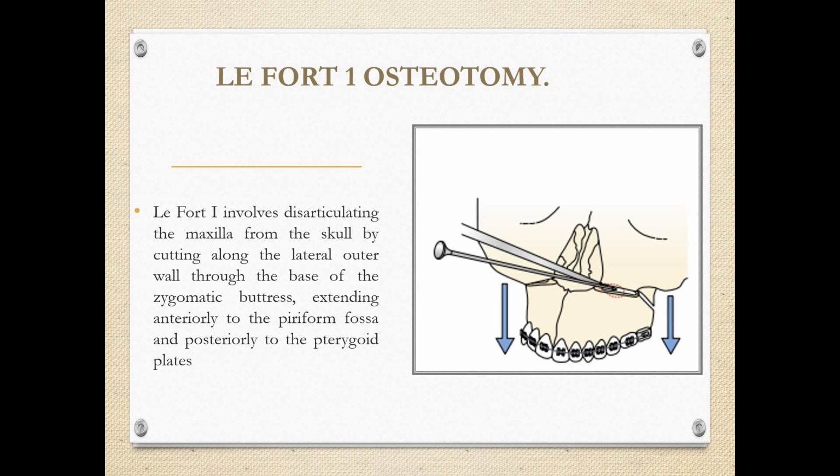Le Fort 1 involves disarticulating the maxilla from the skull by cutting along the lateral outer wall through the base of the zygomatic buttress, extending anteriorly to the piriform fossa and posteriorly to the pterygoid plates.